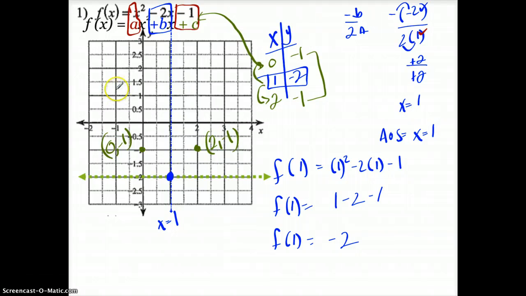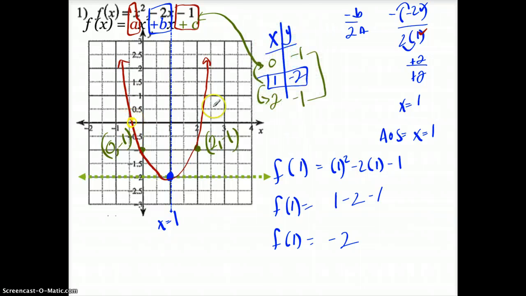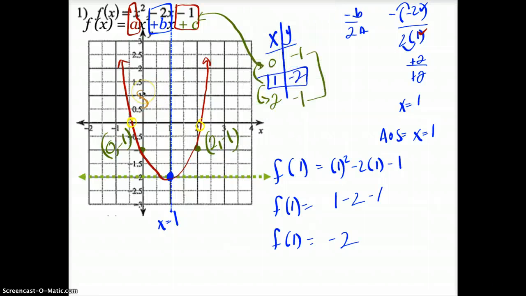Now we have a table. These are your solutions.